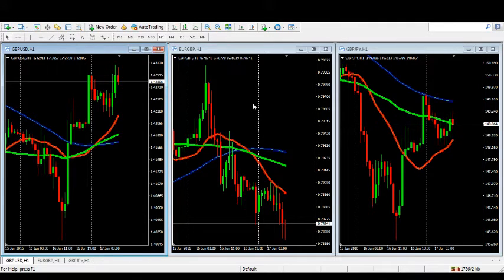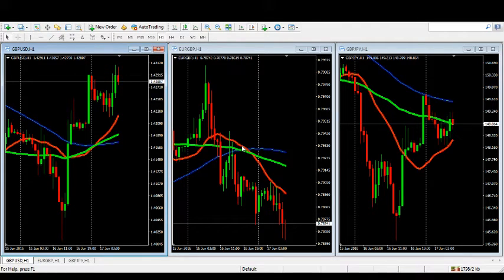For this analysis I use naked charts with a simple moving average 20 red line, a simple moving average 50 green line and a simple moving average 100 blue line.